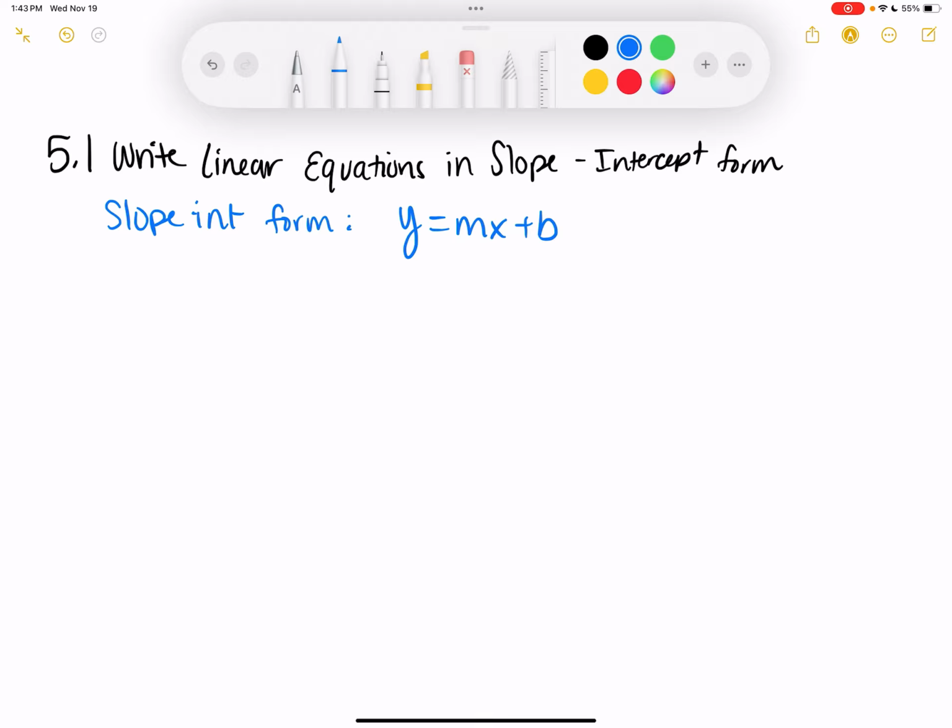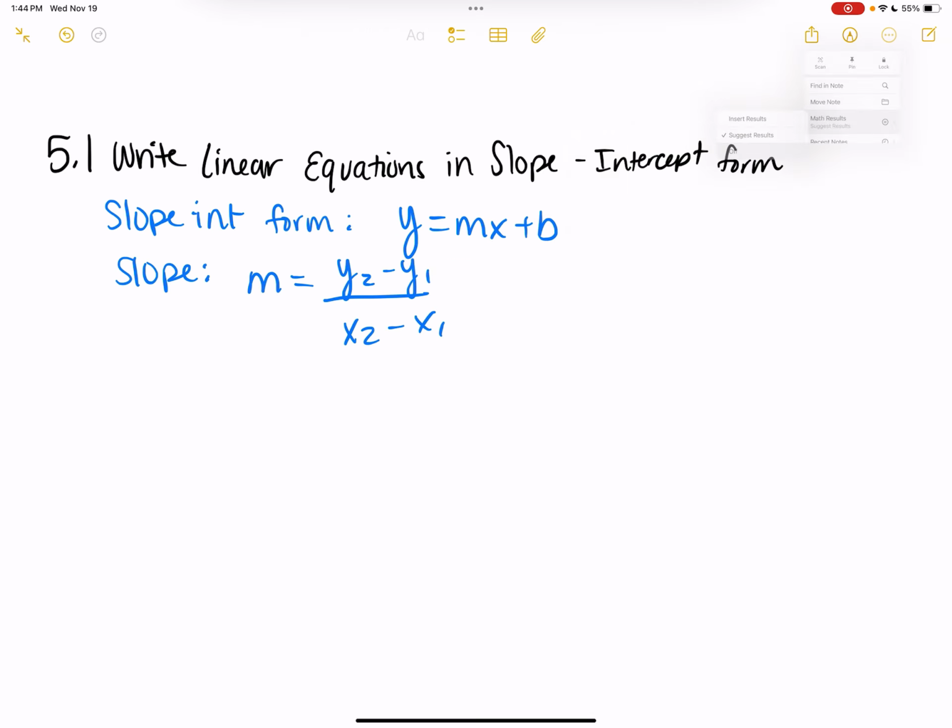I thought slope was m equals y2 minus y1 over x2 minus x1. It is. Okay, so those two things we're going to be using in this section.